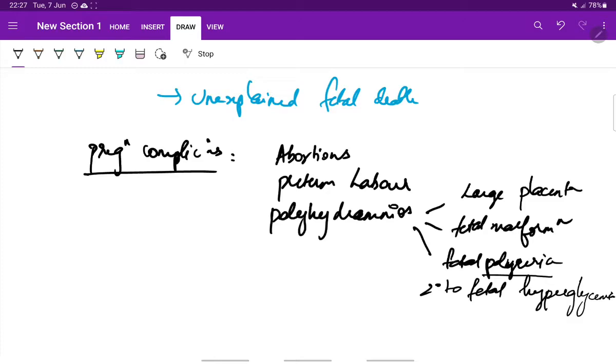Next, there can also be shoulder dystocia. This is because there is excessive fat deposition in the fetus, especially in the shoulders and the trunk. So, during delivery there can be shoulder dystocia.